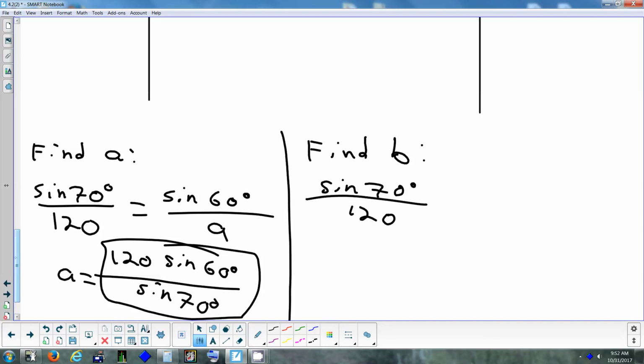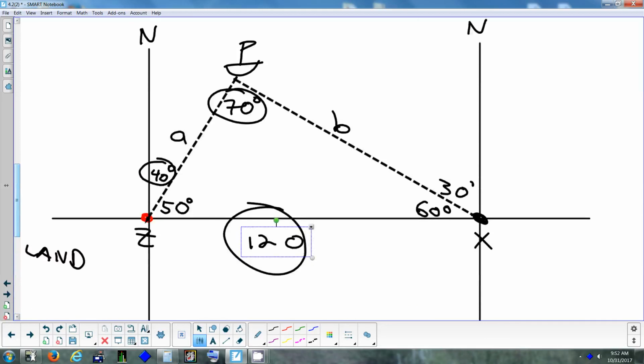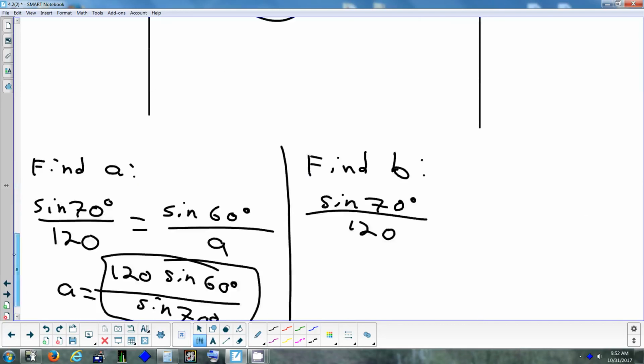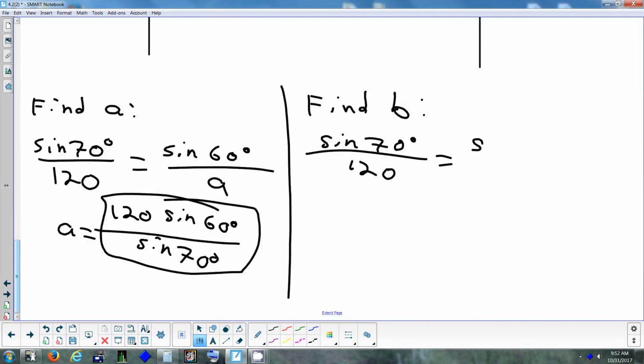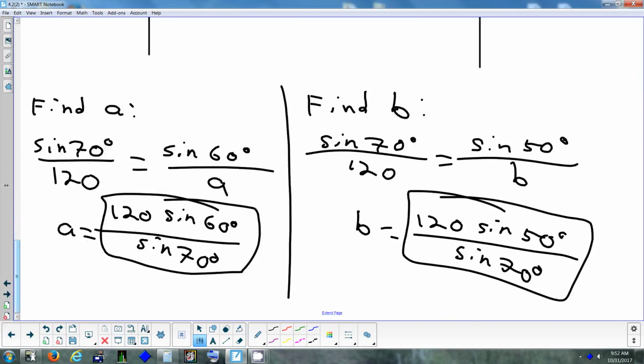But this time you're going to use the angle across from B, which is how much? 50. Okay. Sine of 50 over B. And you cross multiply just like we did before. 120 sine 50 over sine 70. And you'd have to just type that in and see what you get.